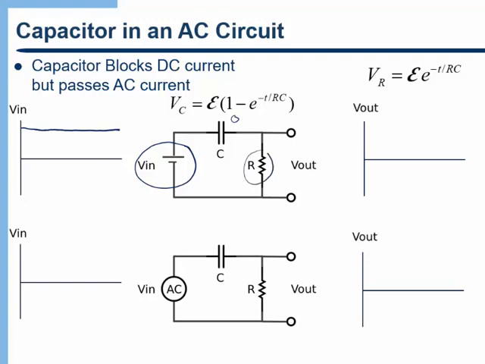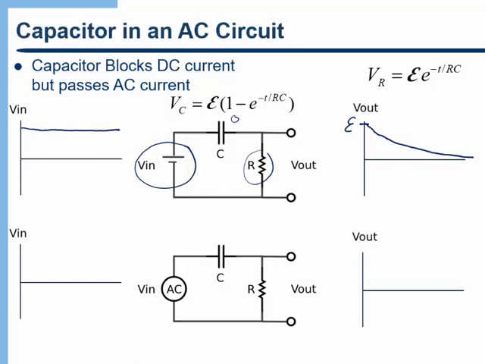But as the capacitor charges up, the voltage across the resistor goes to 0. So remember, this is what the voltage looks like across the resistor, where this is the voltage in, or the EMF of the battery.